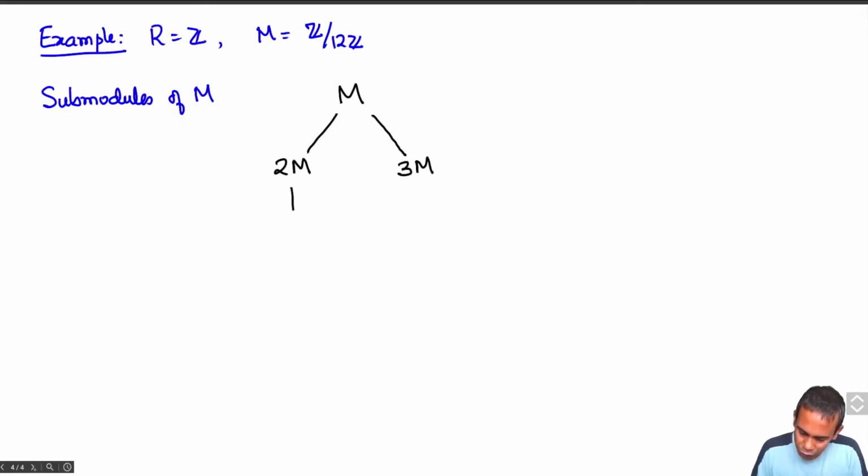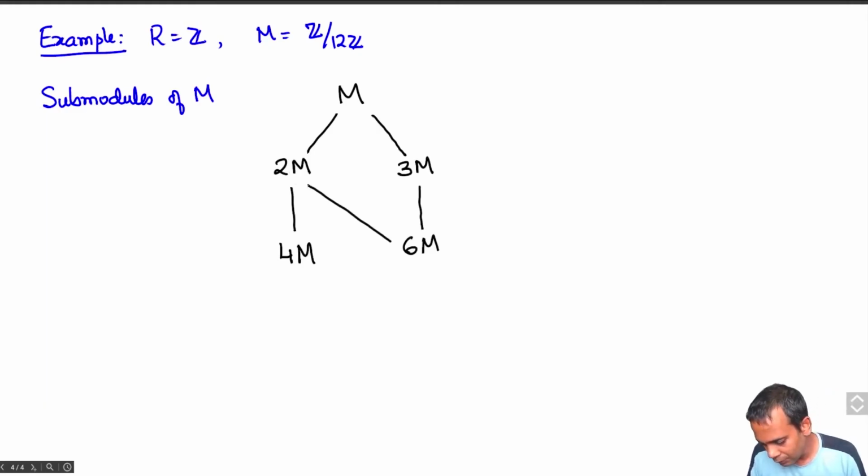But the multiples of 4 are contained inside the multiples of 2. And then there are multiples of 6, which are contained inside multiples of 3. However, multiples of 6 are also contained inside multiples of 2. And then there's the trivial module. So these are all the submodules of M. There are totally 6 of them, including M and the trivial module.